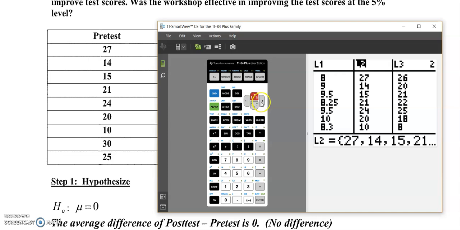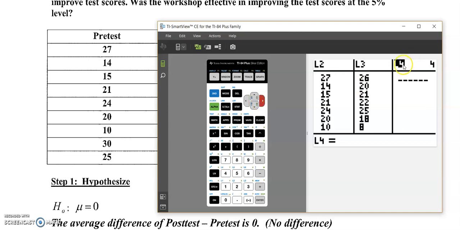So I'm going to move my cursor to list 4 and make sure your cursor is on L4. It's not the place where you put the data below it, it's literally on L4. And we'd like list 4 to be list 3, the post-test, minus list 2, the pre-test.